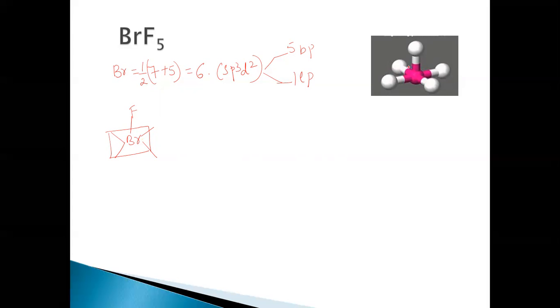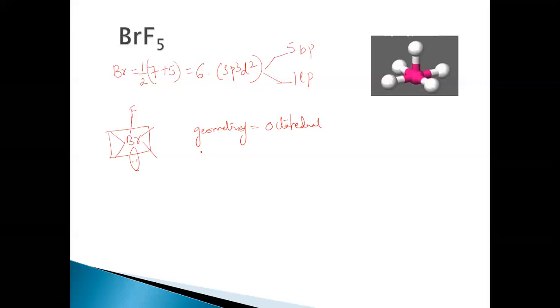As the bond angle is 90 degrees here, wherever you place it is no problem, but let's place it at this position because the molecule will be symmetrical if you place the lone pair at this position. Yes, the geometry here is again octahedral.